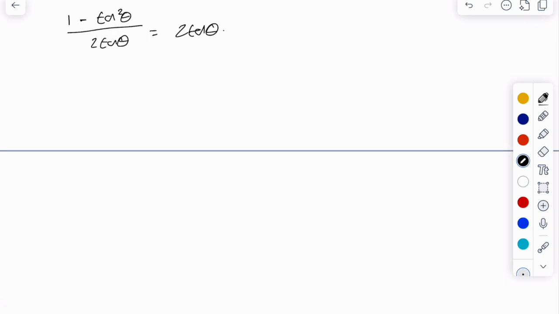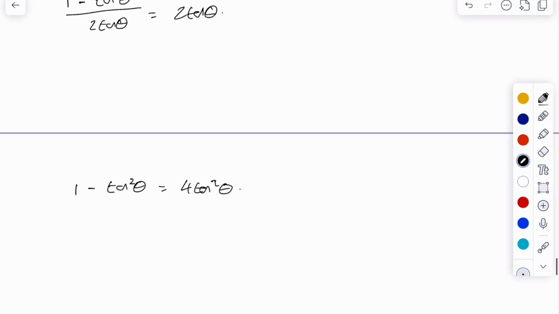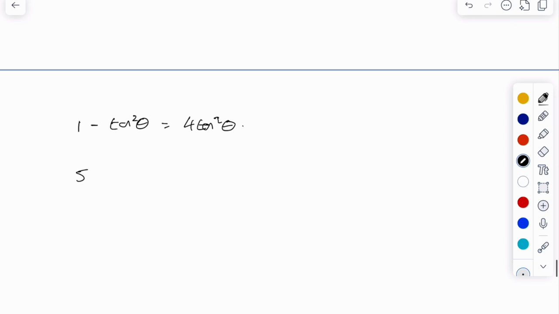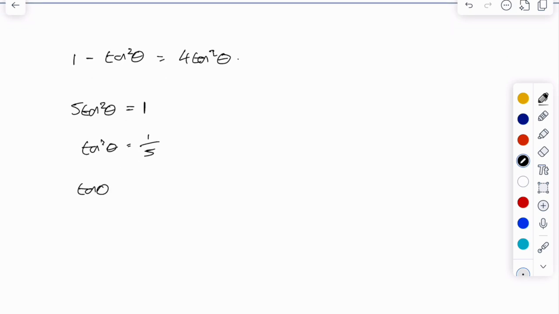So then 1 minus tan squared theta is equal to 4 tan squared theta, right? That means that 5 tan squared theta is equal to 1. Tan squared theta is equal to 1 over 5. Okay, so tan theta is equal to plus or minus 1 over root 5.